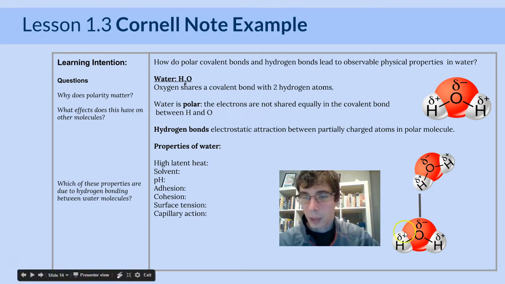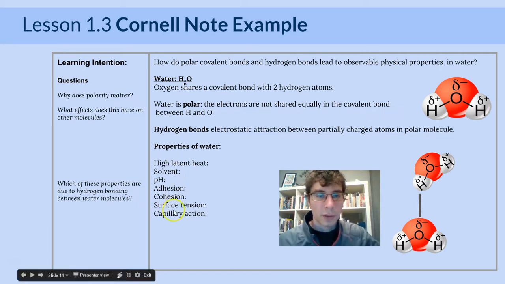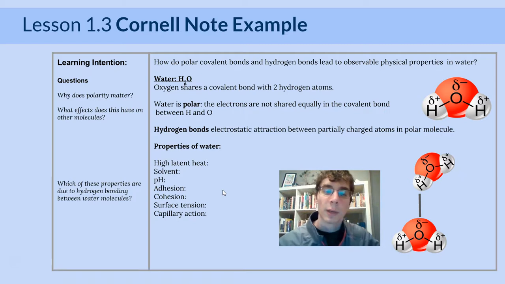And in this case, I drew what a hydrogen bond looks like, where I have the hydrogen atom aligning with the oxygen atom. And then I added another question over here. Which of these properties are due to hydrogen bonding between water molecules? Which ones here do you think are specifically hydrogen bonding between water molecules? I don't know, but maybe I'll find out when I do my research.